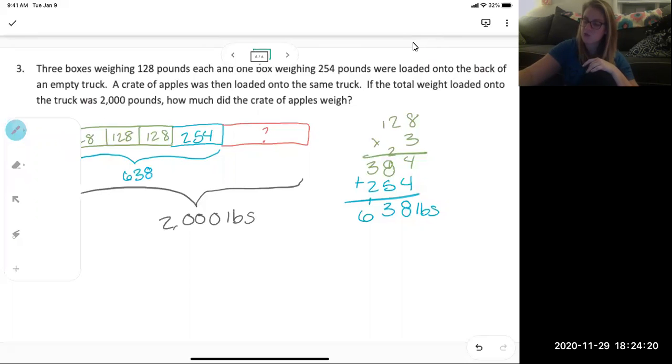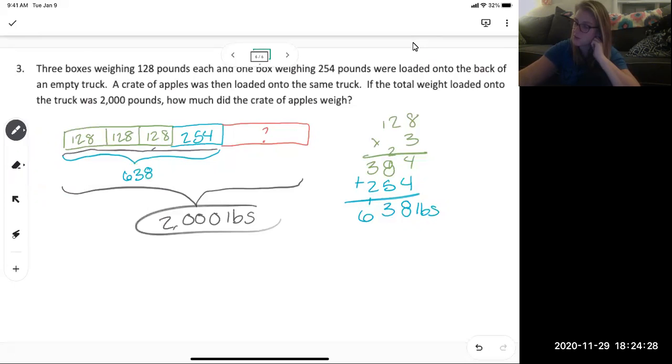I hope you said subtract. So we're going to subtract the weight we already know, the known weight here, from 2,000 pounds. And we're going to have to do some regrouping.